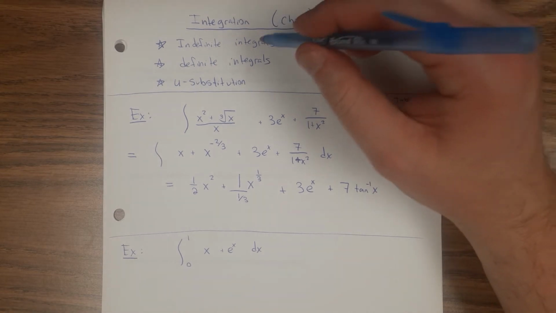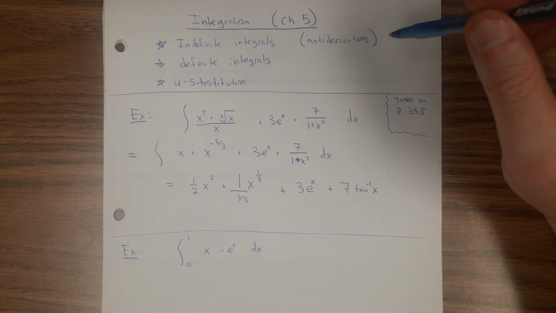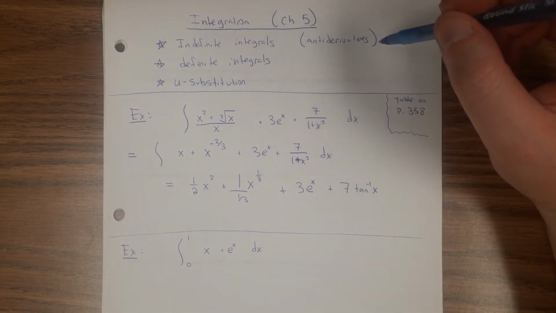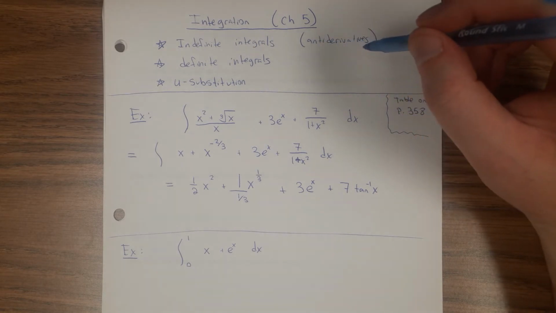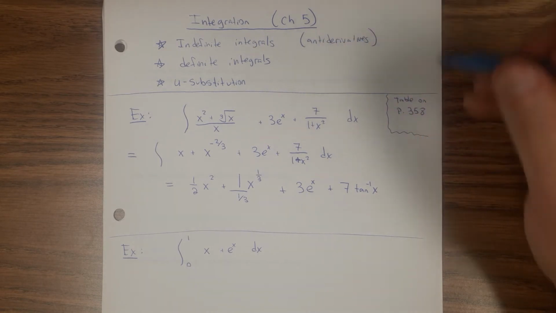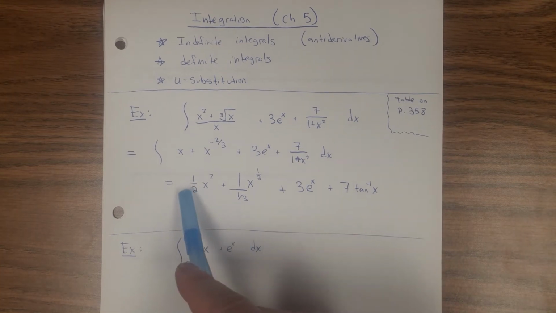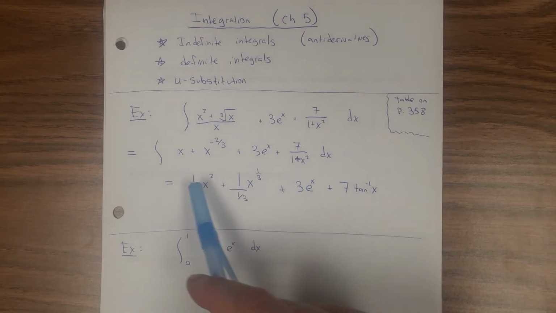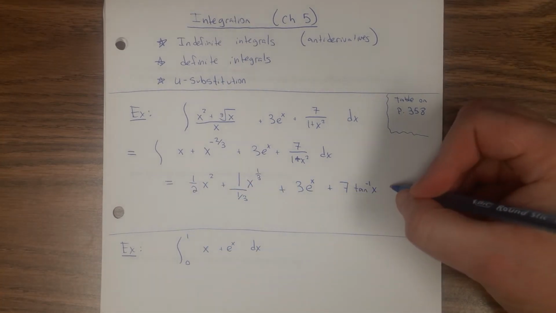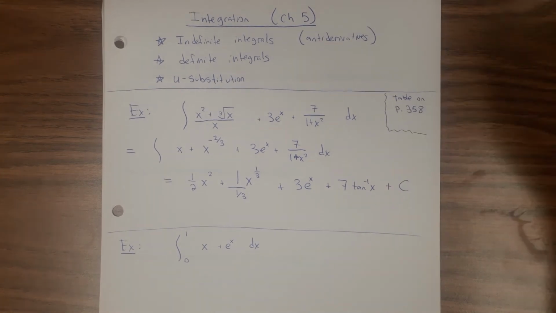And since this is an indefinite integral, which is the same as an antiderivative, you want to put down the most general antiderivative when you do this. So on this step, the step where I found the antiderivative of everything, I want to write plus c.